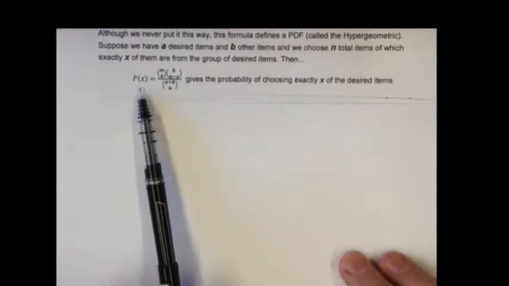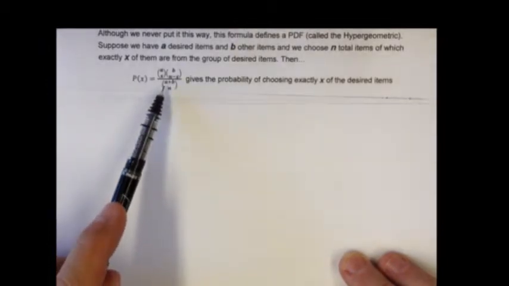If I define these new variables, I can define this hypergeometric distribution as the probability of getting X of the things I want, and that is a fraction with A of the things I want, like A red marbles, and I want to choose X of them from the A, and the rest of the things I'm choosing, N minus X, have to come from the things that aren't red, or whatever the A stands for.